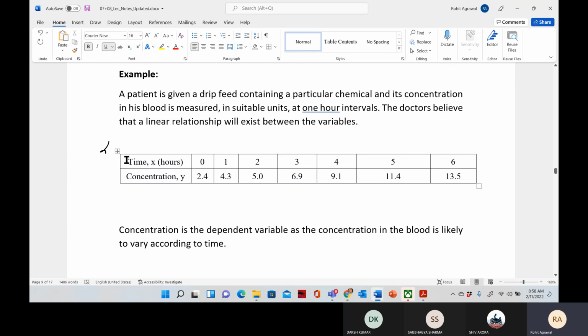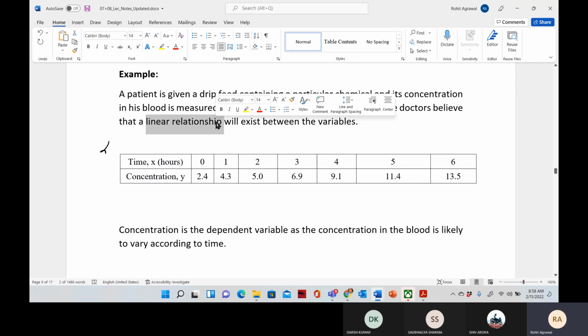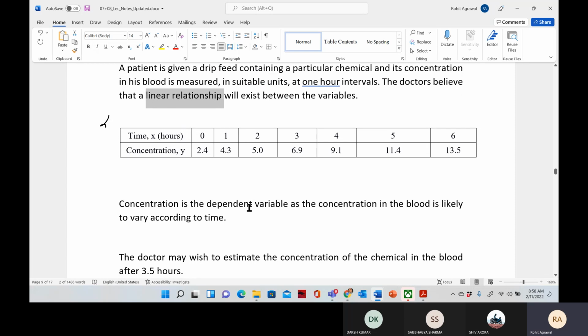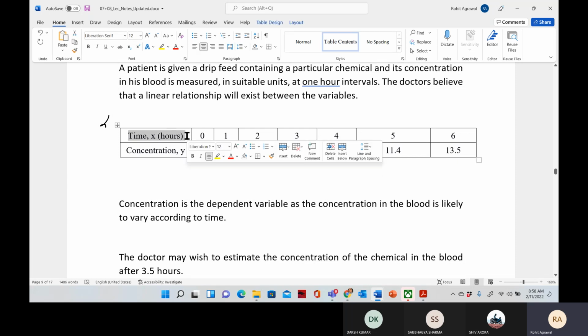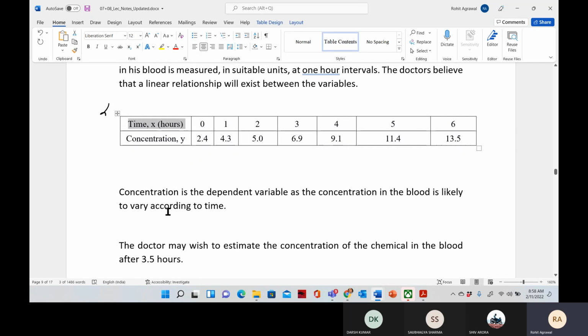Just see, this is the X value. Okay. This is the Y value. The linear relationship means linear regression. Okay. Concentration is dependent. Dependent is always the Y value. Independent is always the X values. Okay. The doctor wishes to estimate the concentration at 3.5 hour, that means in between them.